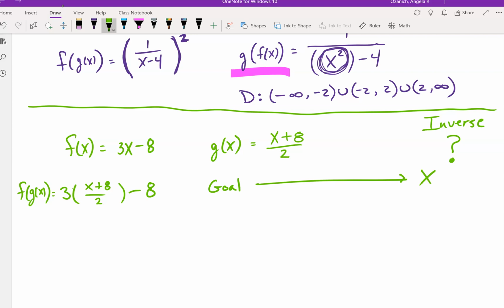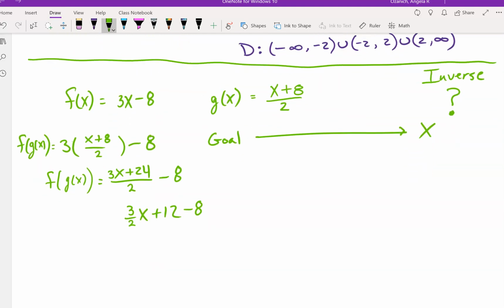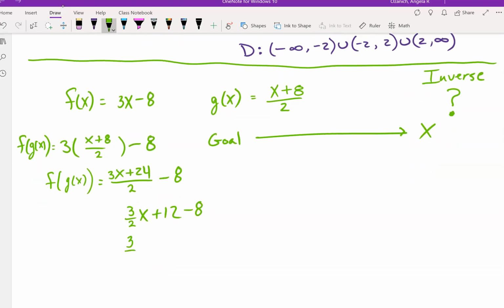It looks like f of g of x is going to be 3x plus 24 divided by 2 minus 8, which is equal to 3/2 x plus 12 minus 8. Boy, this is not looking good, right? 3/2 x plus 4. And that's as far as I can simplify it. So you would say, no, this is not an inverse.